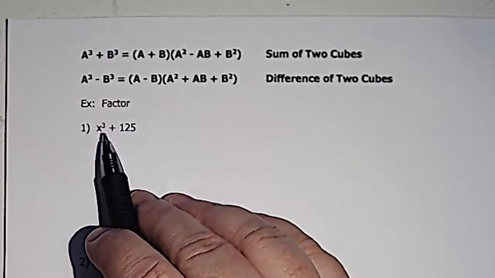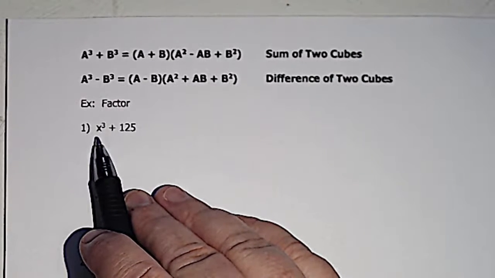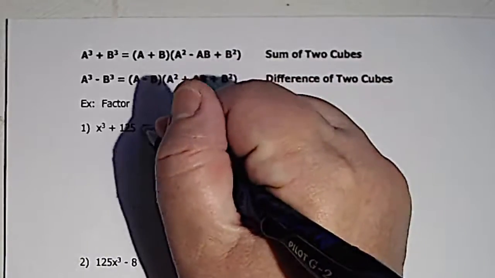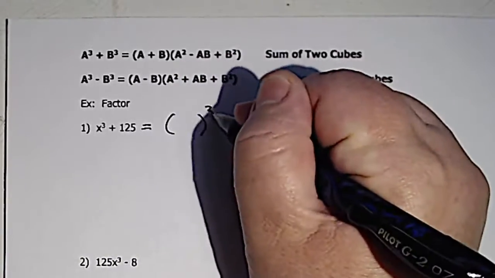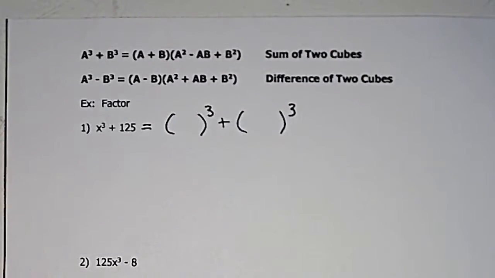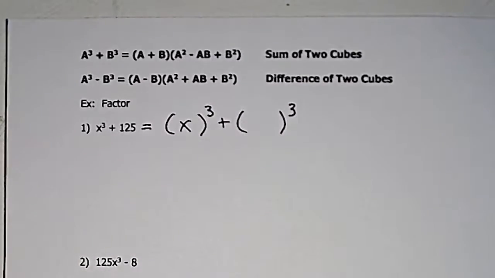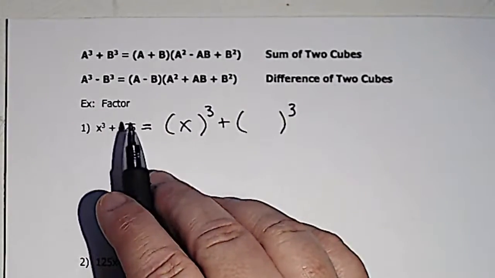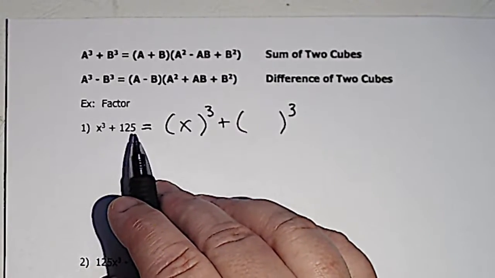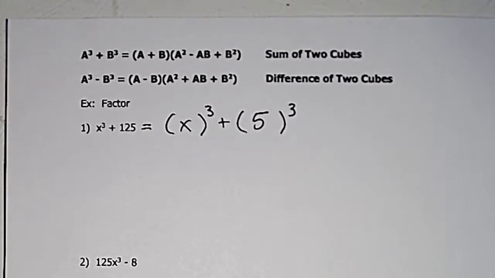So why would I know this is a sum of cubes? Well, this is an x cubed instead of an x squared. So this is a sum of cubes. So I want to write this out like that. x cubed is x, the quantity cubed. And then 125, you can kind of guess, because you know what goes into 125? Well, a bunch of fives do. And in fact, yes, 5 times 5 times 5 is 125.